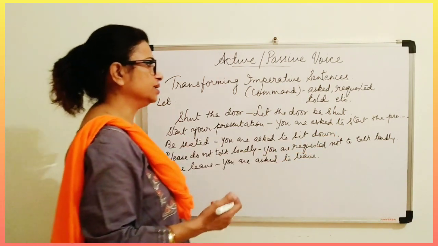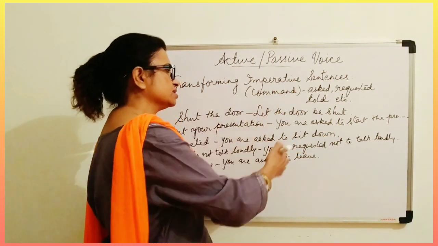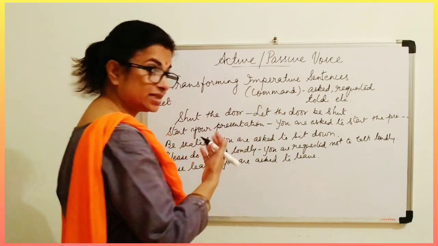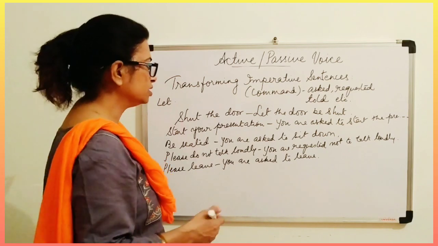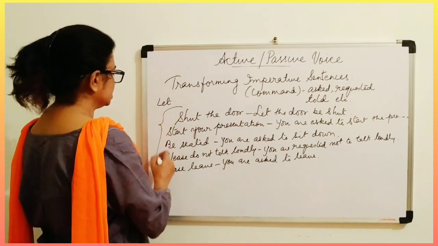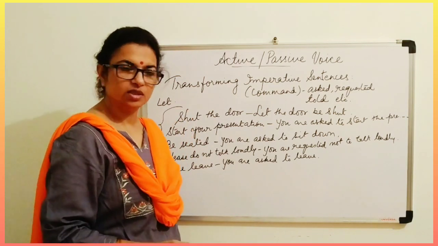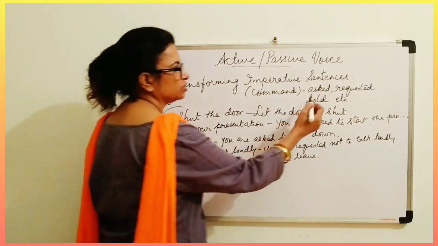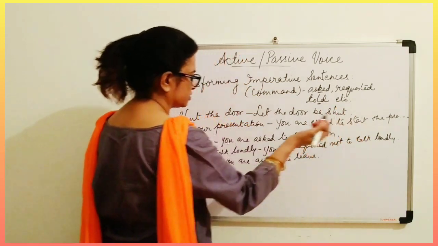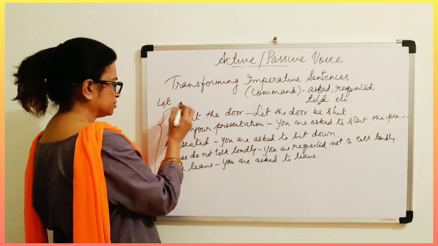So this is an imperative sentence. Some are command sentences, order sentences, like shut the door, let the door be shut. So these are all irregular ones. You have to keep in mind what all things you can use. You can use asked, requested, told, etc. And even let can be used.